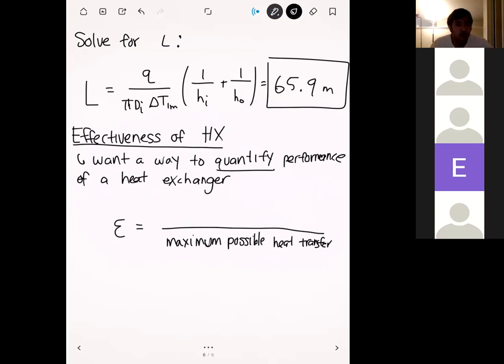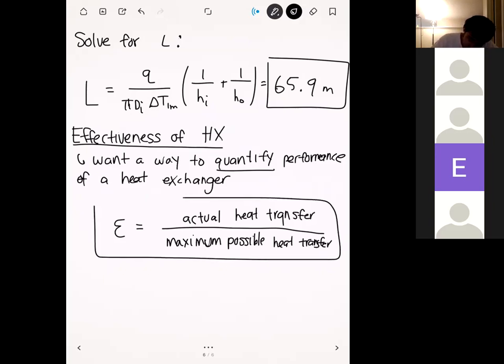Theoretically, if you have these two fluids, what's the maximum amount of heat that can be transferred between them? We'll talk about how to compute that in a second. Then in the numerator, you have the actual heat transfer: your actual device and how much heat is actually being transferred. So it's a ratio between what you actually get and what's theoretically the maximum possible.